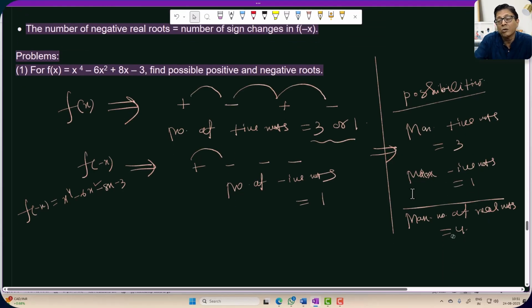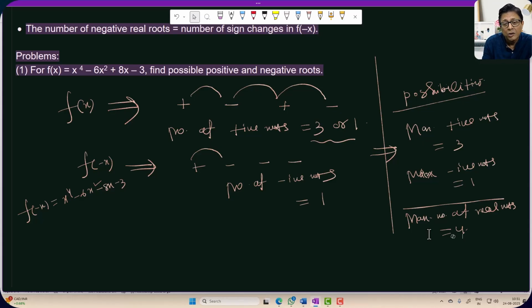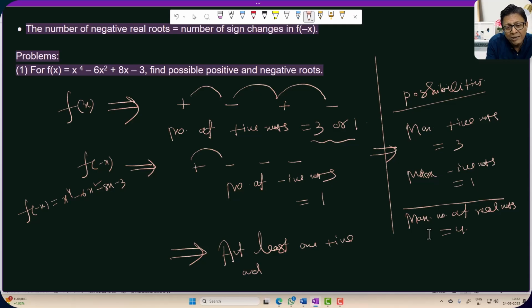But we are not sure about those positive roots, maybe 3 or 1. So by Descartes rule of signs, we can state that there will be at least 1 positive and 1 negative root.